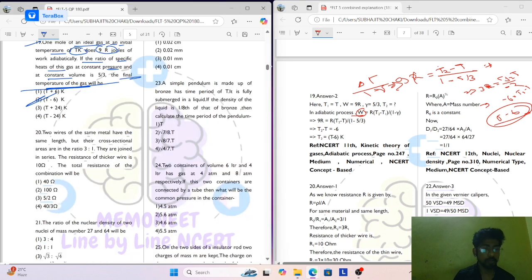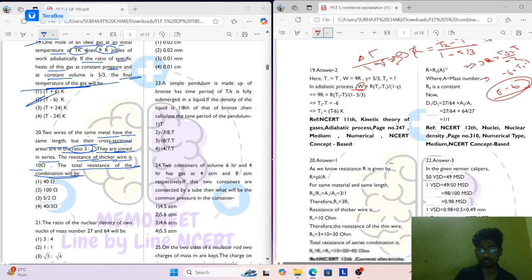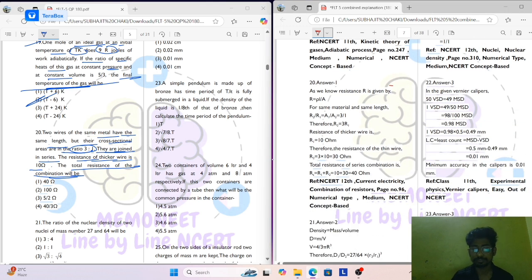Two metal rods having the same length but their cross sectional areas are in the ratio of 3:1. They are joined in series. The resistance of the thicker wire is 10 ohm. The total resistance of the combination will be? As we know, R is proportional to rho into L by A. So R is inversely proportional to the area. Length and rho will be equal because the material is the same and the length is the same.